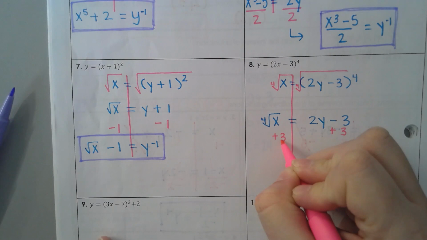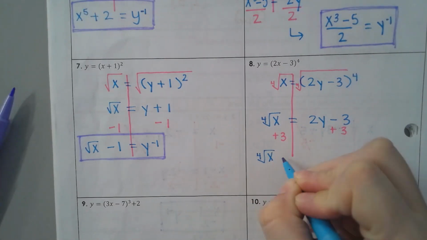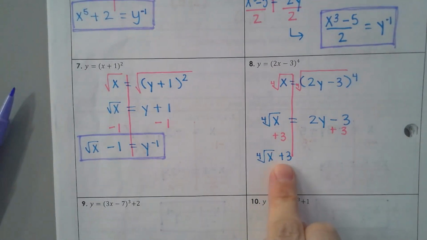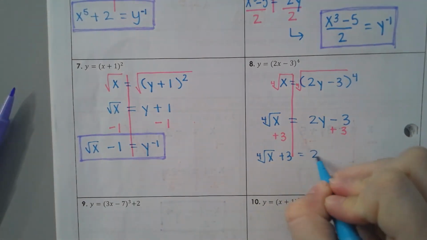So we get the 4th root of x plus 3, and that plus 3's got to be outside, equals 2y.